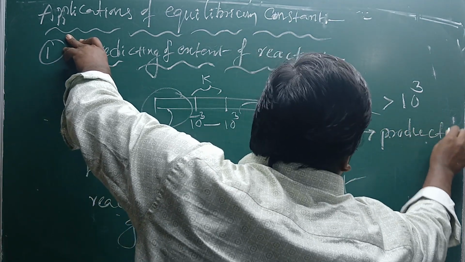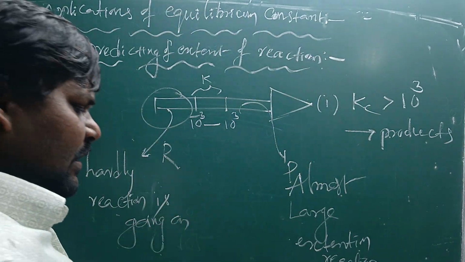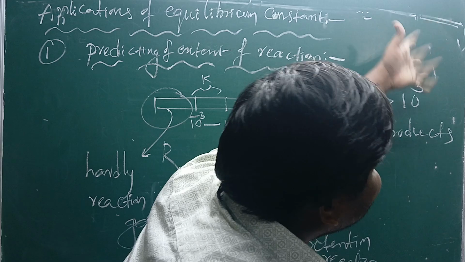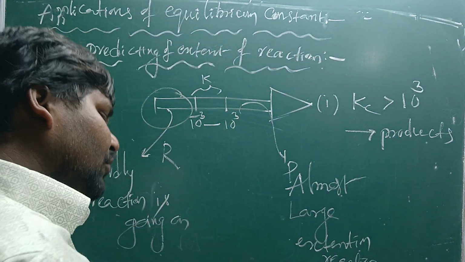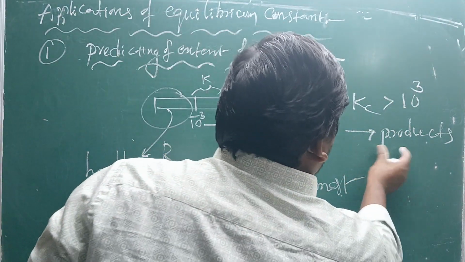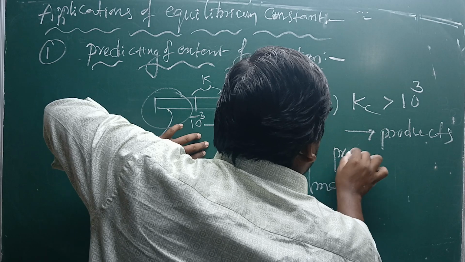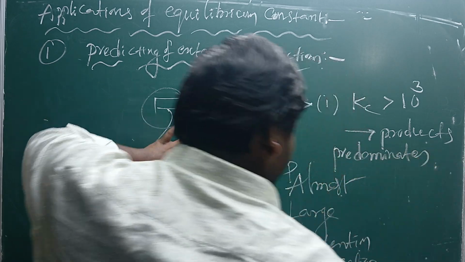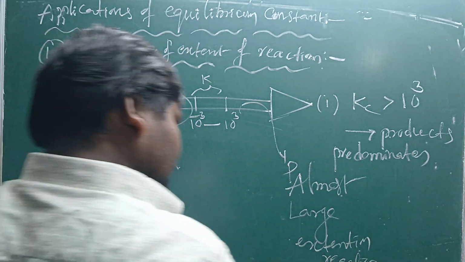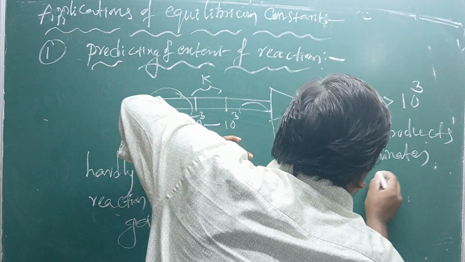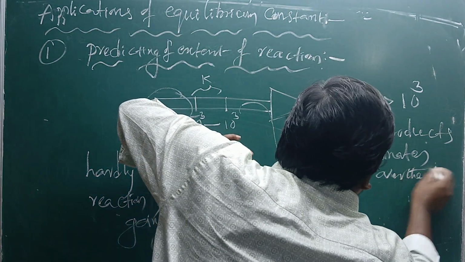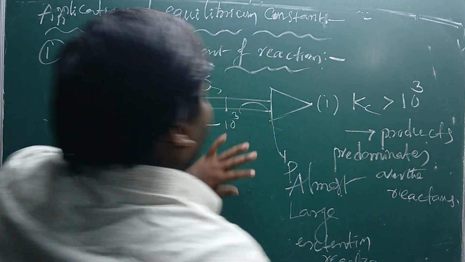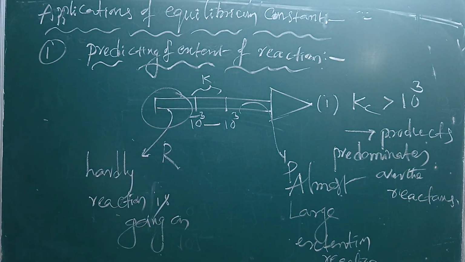Products are more formed, means the reaction completely takes place. If Kc is higher than 10 to the power 3, products predominate over the reactants. This is the first condition.